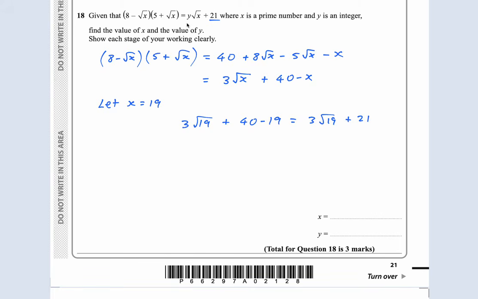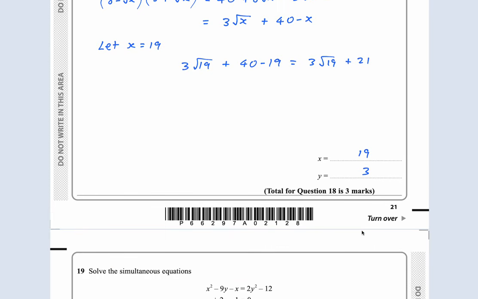We have an integer, prime number plus 21. So x is 19 and y is 3. Okay, that wasn't as bad as it looked. It did look pretty bad at the start.